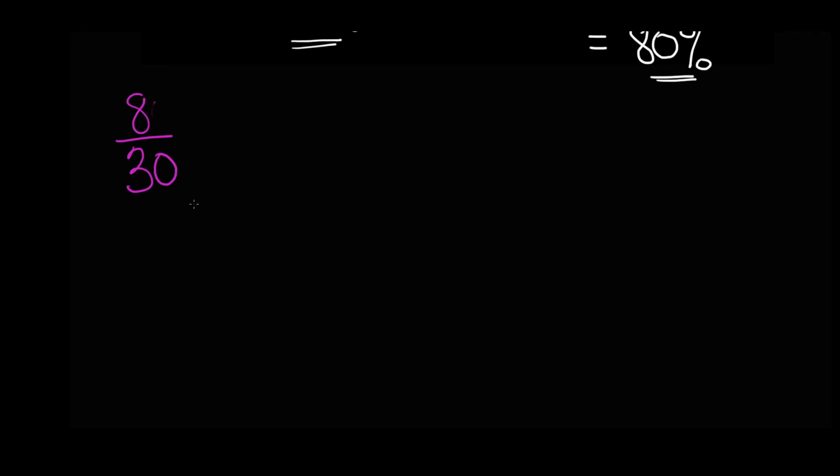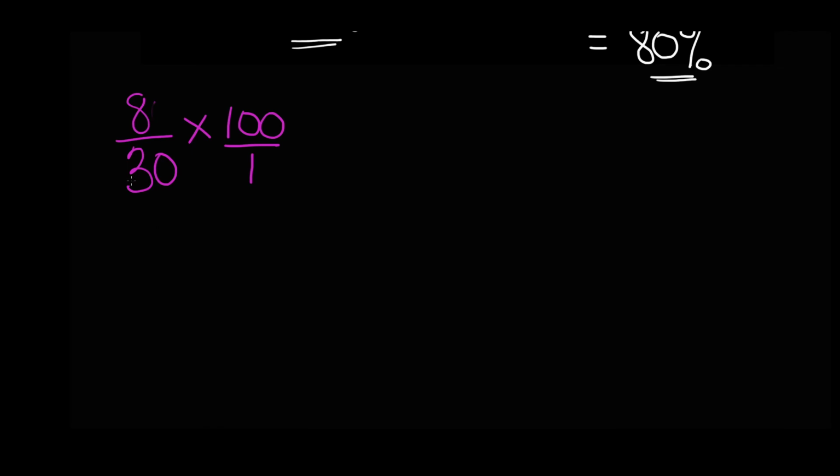We said to convert to percentage, you just have to multiply by 100. So I will say times 100. And 100 means 100 over 1. Okay? If you take a look at this, this is 30. This is 100. 10 is a common factor of these two numbers.